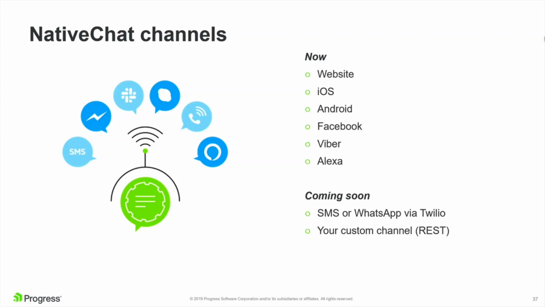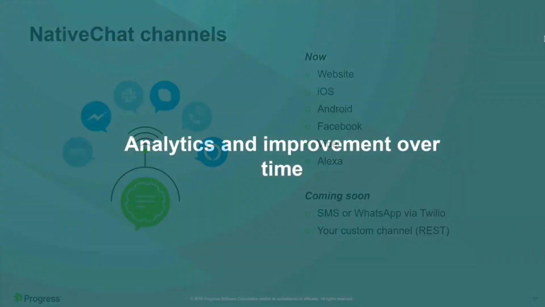One of those beta channels is Twilio. Twilio gives customers the opportunity to deploy SMS or WhatsApp chatbots. On top of that, taking into account the diverse needs of every business, we are working on enabling our customers to create their own integrations with what we call a preset channel or custom channel.